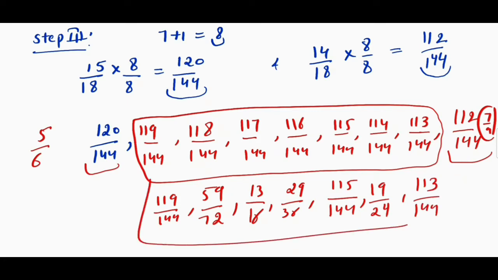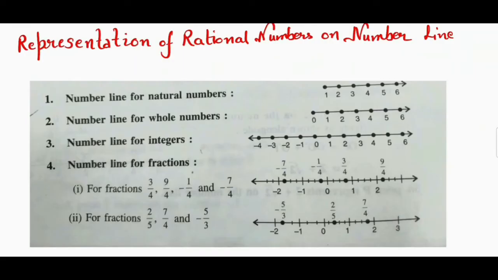So we'll do this type of question in exercise 1.1 of NCERT book class 9. So next we have representation of rational numbers on number line.